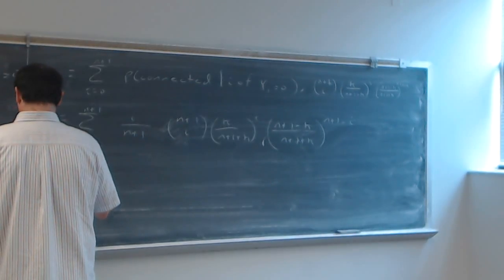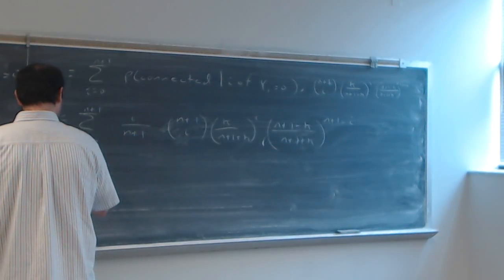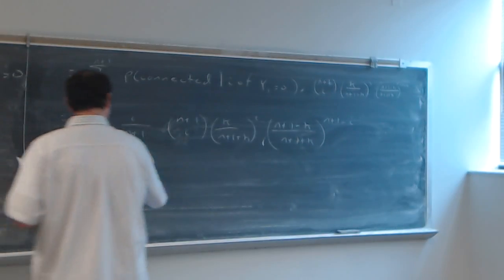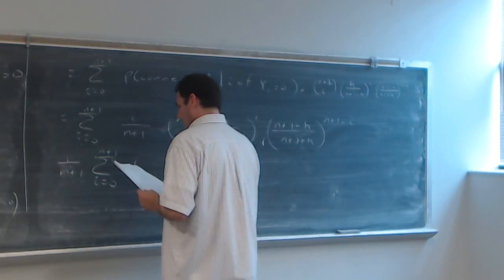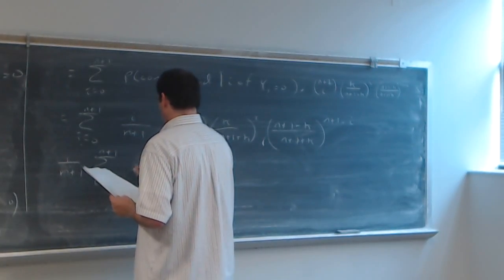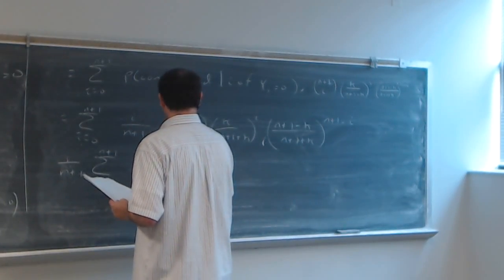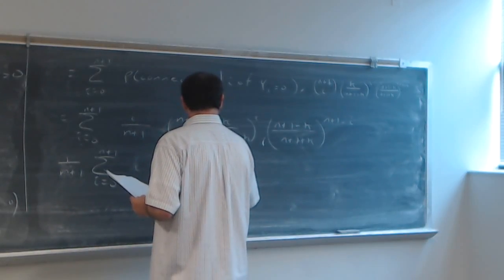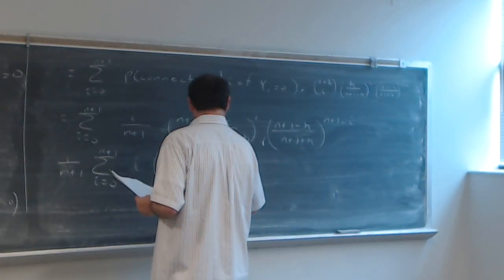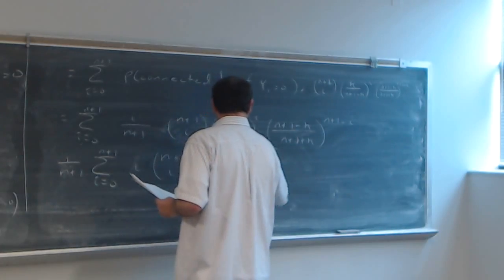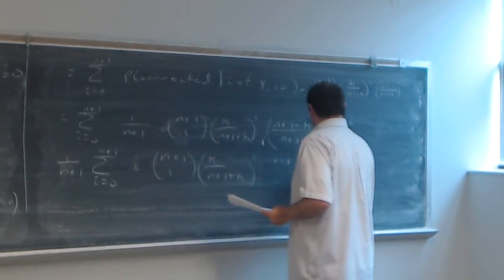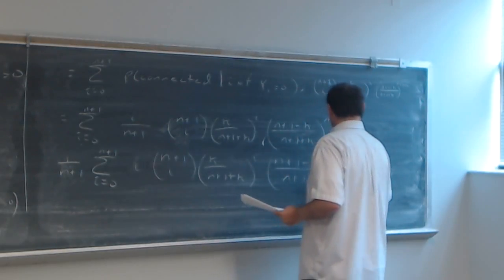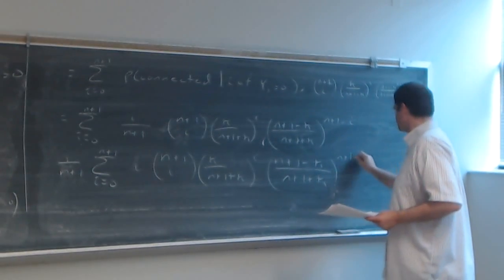So here, I'll take out the 1 over n plus 1. This is the sum as I runs from 0 to n plus 1. Here's an I times, well, instead of canceling, let's just use this quantity here, the sum that we're looking at. So I'm just writing down exactly what we have.